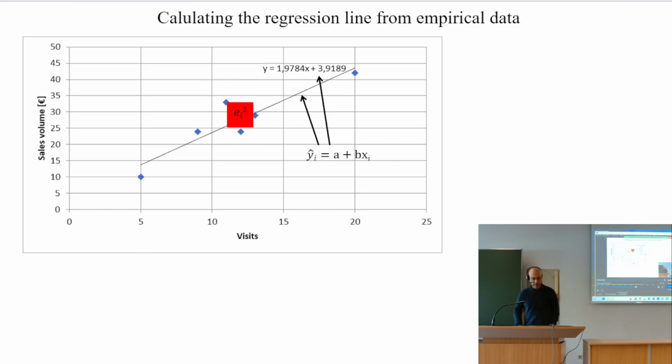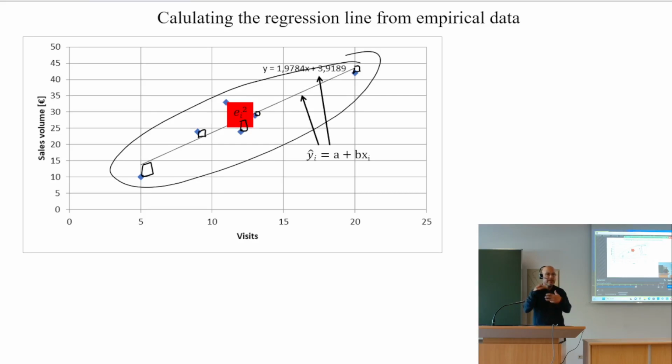Yeah, so what we are doing here is nothing else than, so to speak, graphically plotting all these small squares, and then we want to fit in our linear regression line so that the areas of all these small squares should be the lowest number.